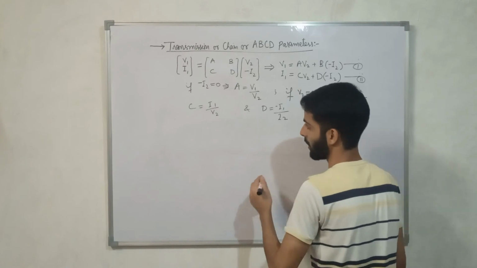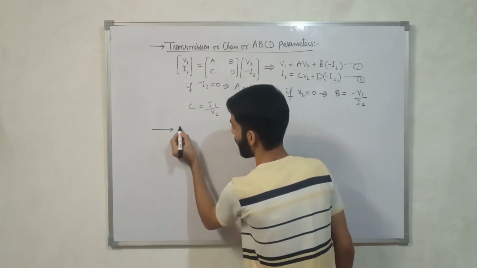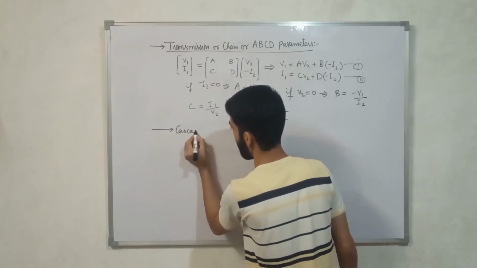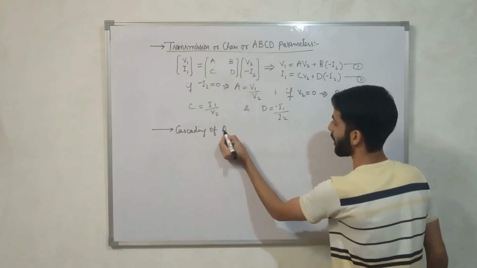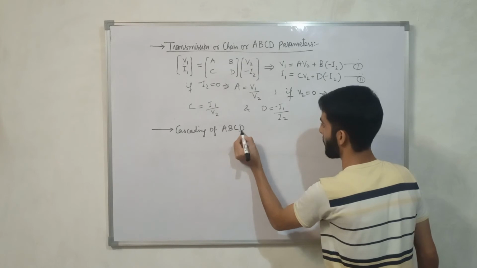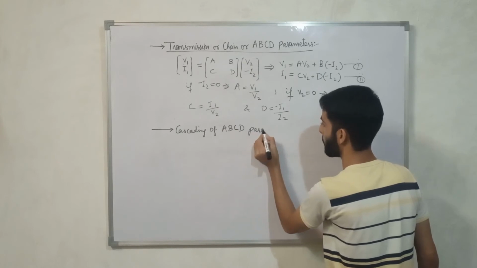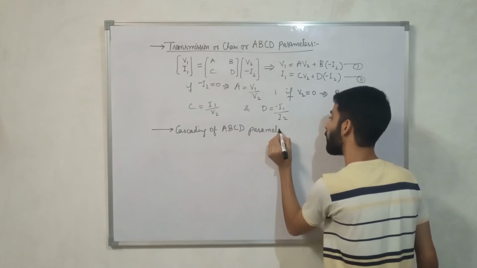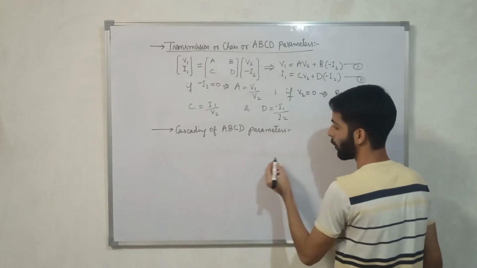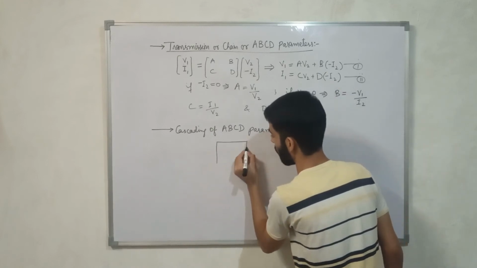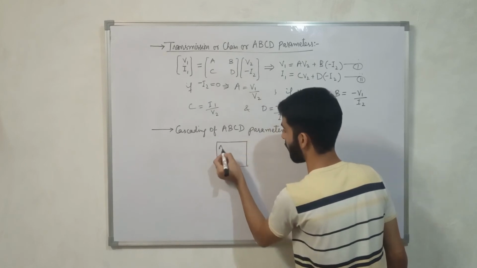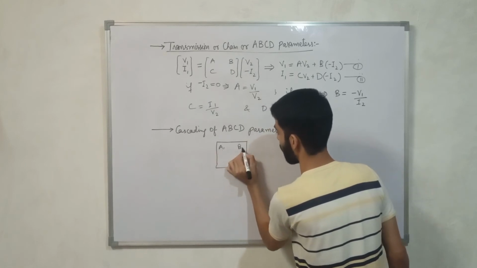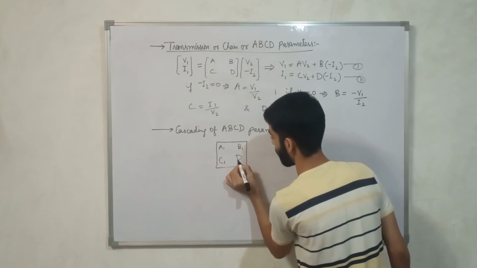Now the next thing is cascading of ABCD parameters. Suppose here we have one two-port network A1, B1, C1, D1.